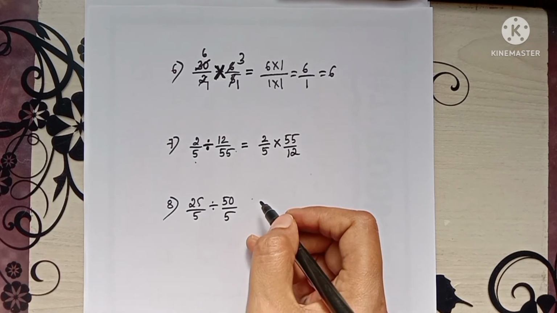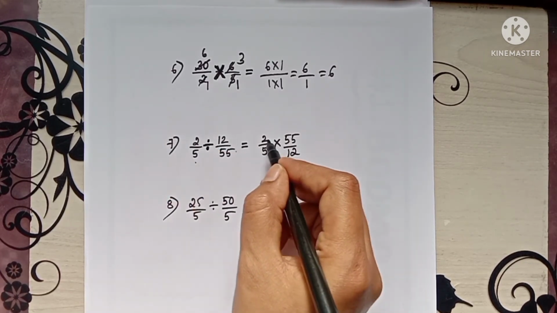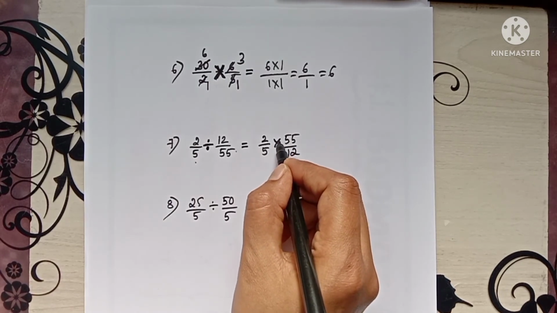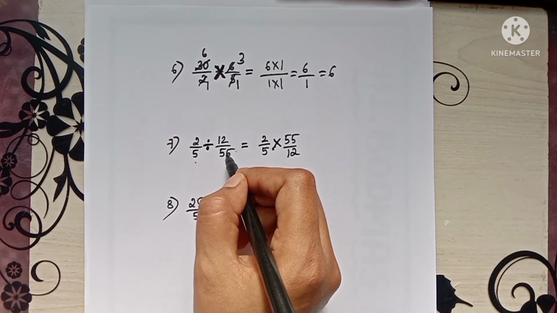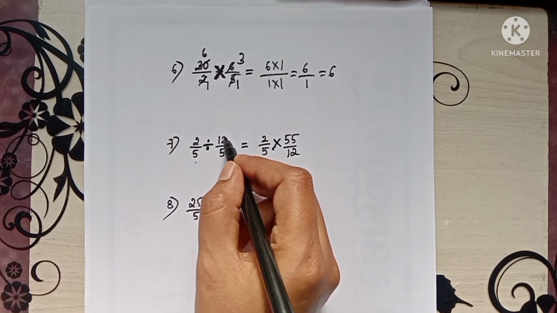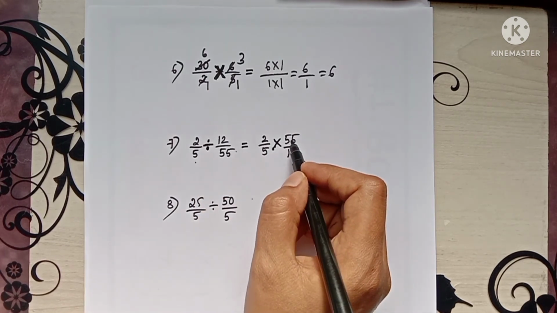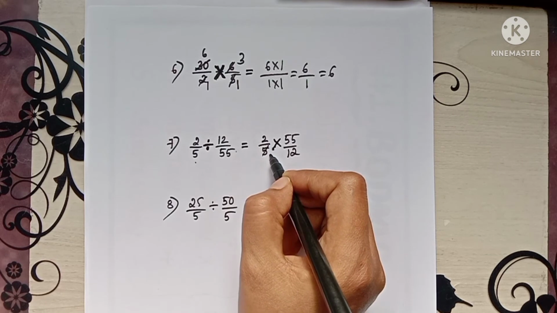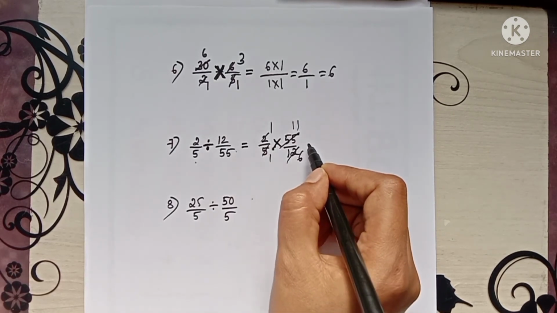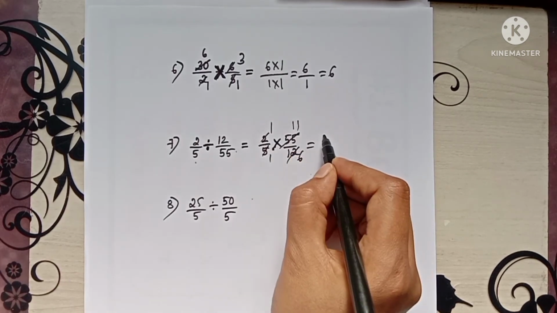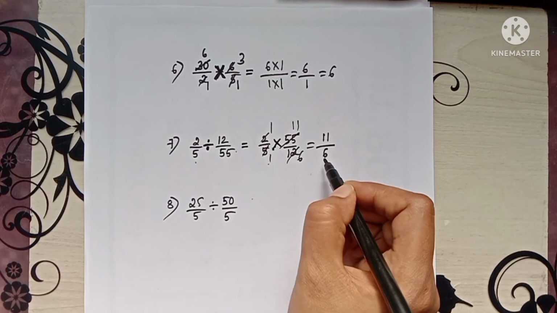Okay, here divide sign is there means what? First we have to write the first term as it is, then we have to write multiplication. This will reverse, 55 will go to the numerator and 12 will come to the denominator. Okay, this will be what? 55 divided by 12. 5 ones are 5, 5 11s are 55. 2 ones are 2, 2 6s are 12. That is 1 into 11 is 11, 1 into 6 is 6.